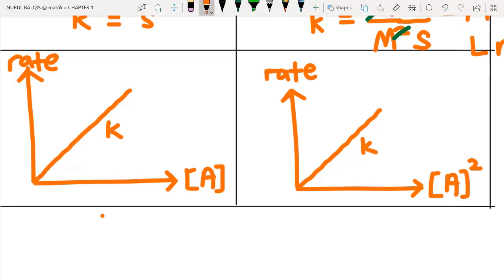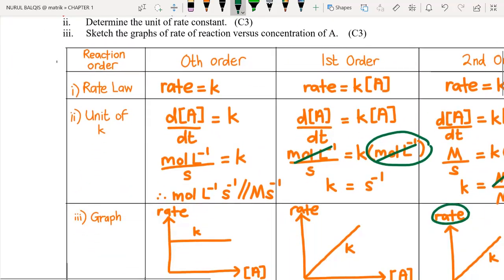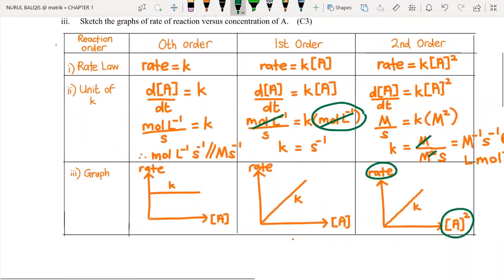The shape of the graph depends on your axes. If you make your x-axis only A, then you're going to get a quadratic graph. So that's all for non-face-to-face. This is how it's going to look like.